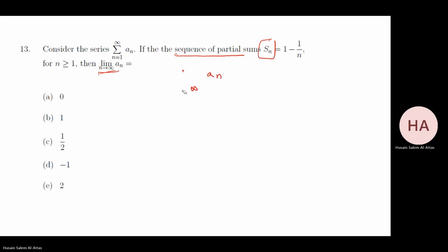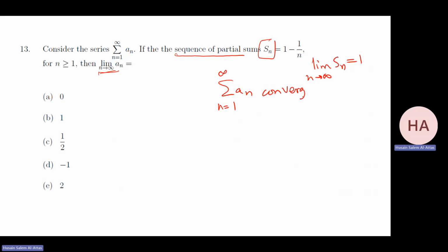However, what I can figure out is that since the limit of S_n as n goes to infinity will be 1, this series converges. And actually, its sum is equal to 1. But that is not the limit of a_n. How to find the limit of a_n as n goes to infinity?